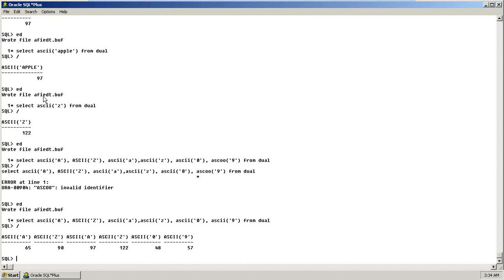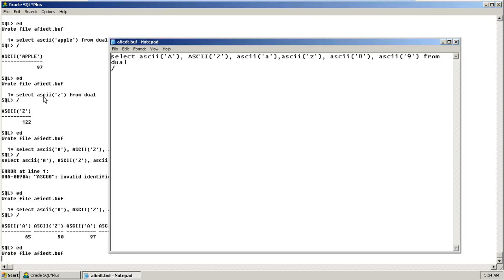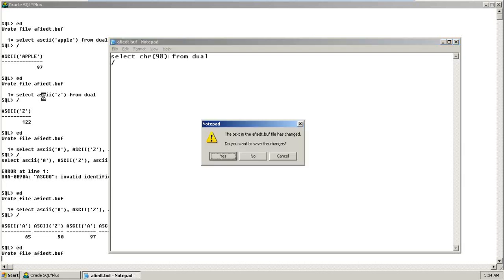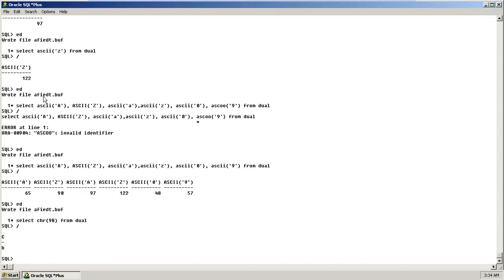This is the function ASCII. And there is another function you have, the CHR function. The CHR function takes a number as an input. It gives you the relevant character from the ASCII character set. So CHR of 98 I am giving. What is the ASCII character of 98? B, right? Small b.